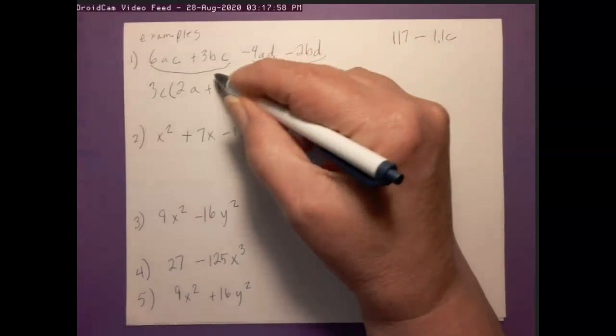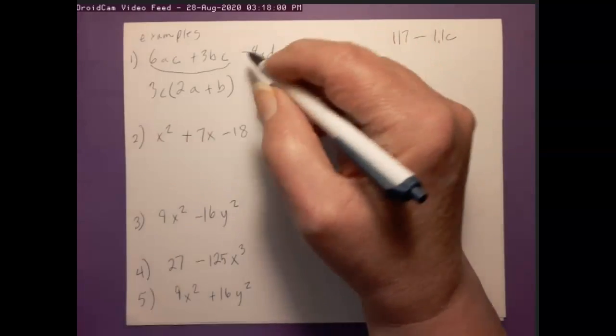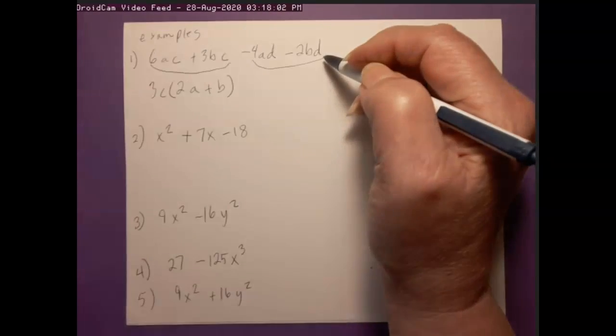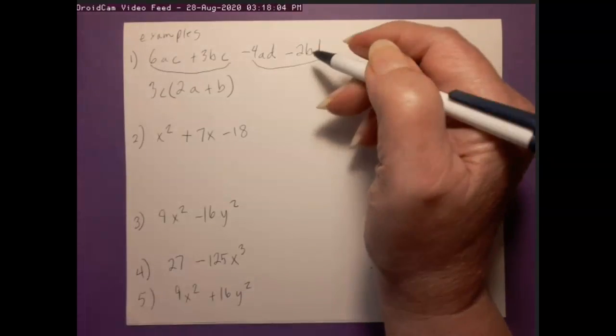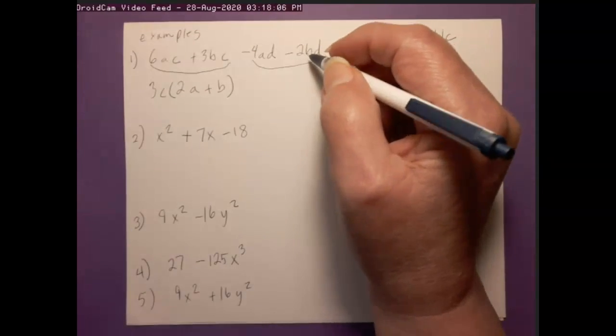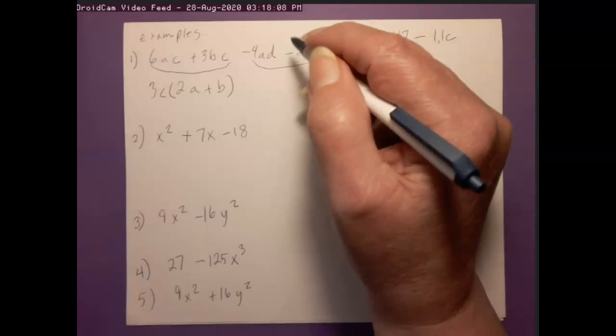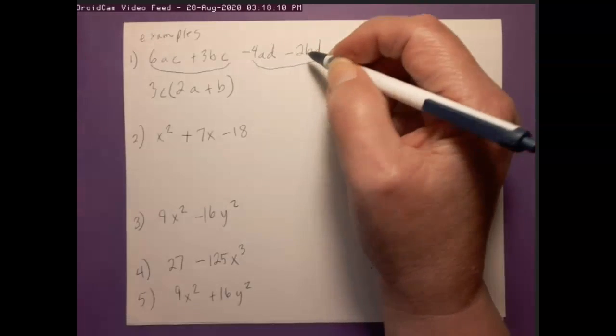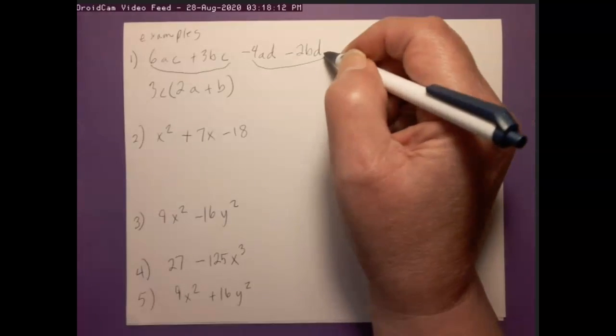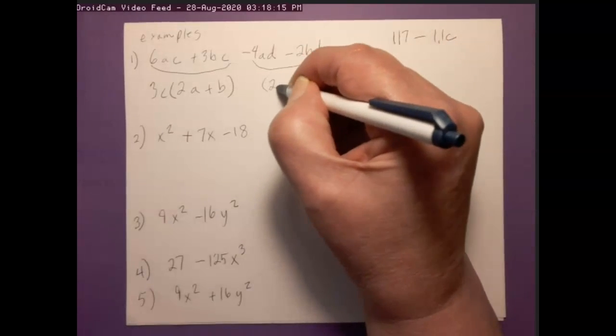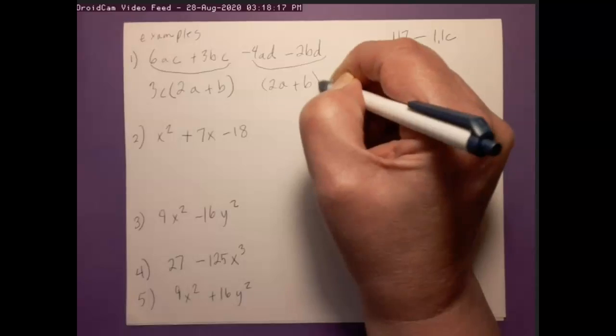Now over here, if that actually does factor by grouping, if these are in the right order, and I will put them in the correct order for you on the test. You might have to rearrange in real life, but on the test you'll see them in a correct order for just grouping right away. So here I should be left with a 2a plus b.